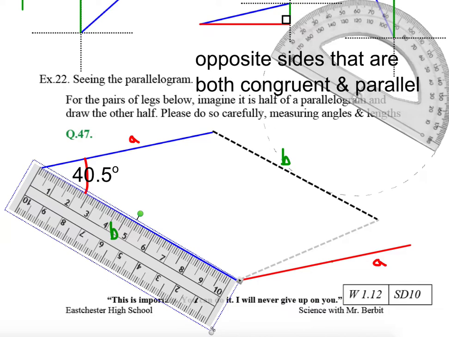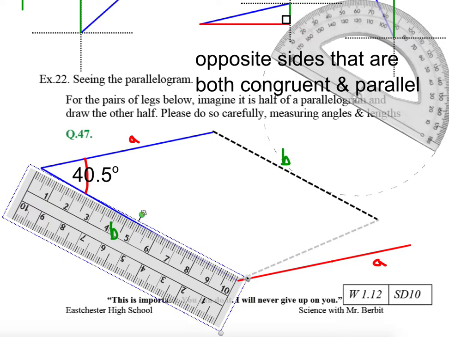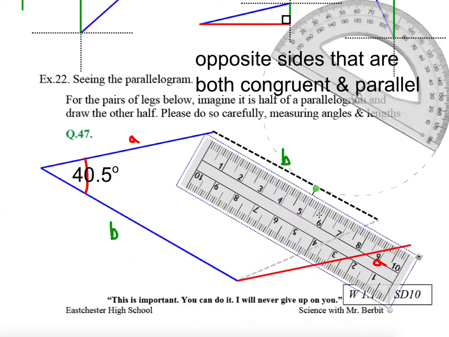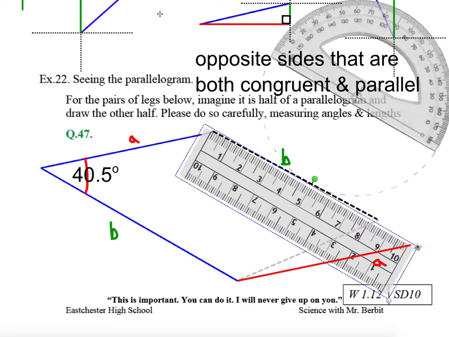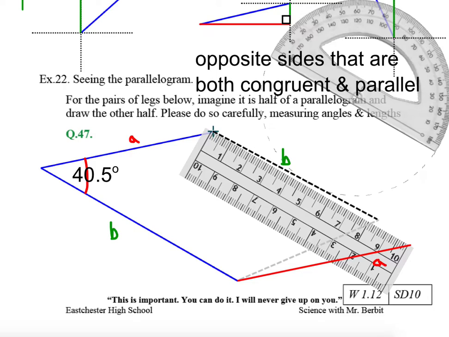Well, I'm going to cheat. Just make my ruler longer. Sorry, you guys can't do that. You actually have to measure out that length to double check. But I should be roughly in this direction. And my segment, I'll put this in red as well. Okay. We'll connect.